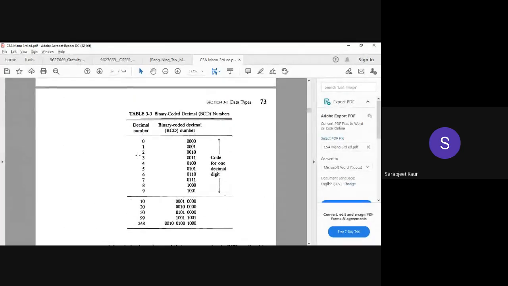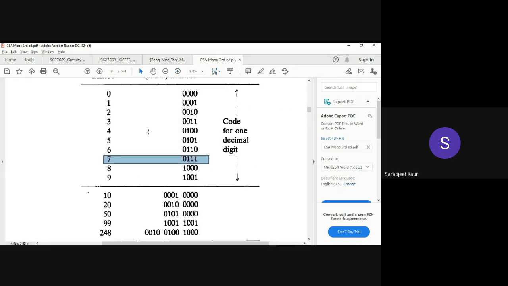So please see, these are the BCD numbers. For the first nine numbers, they are represented by a 4-bit binary code. That is all. So for example, 7 will be represented as 0111, and 2 will be represented as 0010, and so on and so forth.